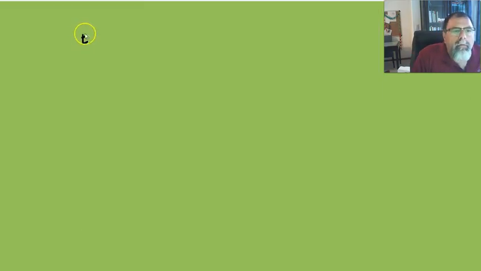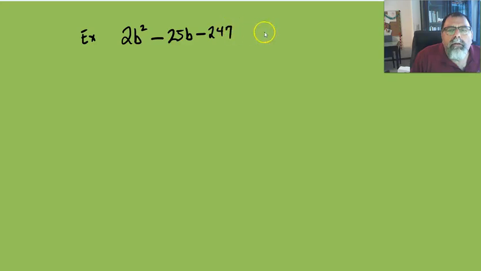All right, let's look at one more example. Factor by grouping: 2b squared minus 25b minus 247. So we're going to do 2 times 247. So that would be what? 494.